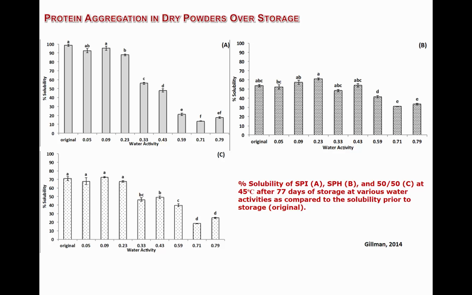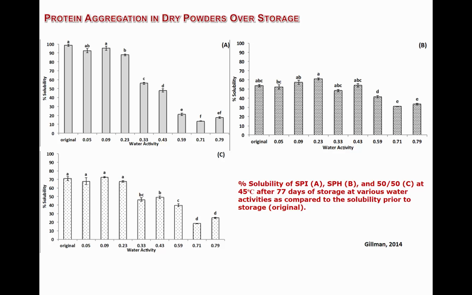Okay, granted, if it's hydrolyzed, it lost solubility, but you don't see this drastic reduction in solubility in a hydrolyzed product than in an intact product. And the combination was in between these two observations.